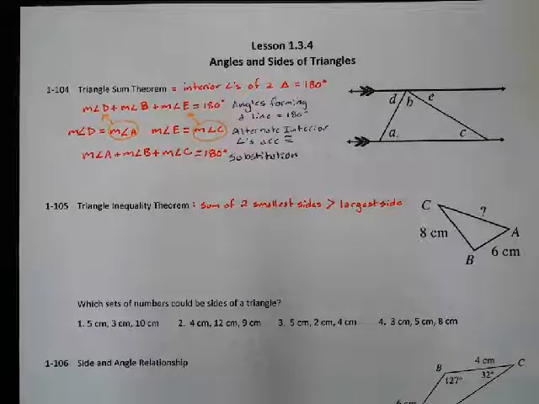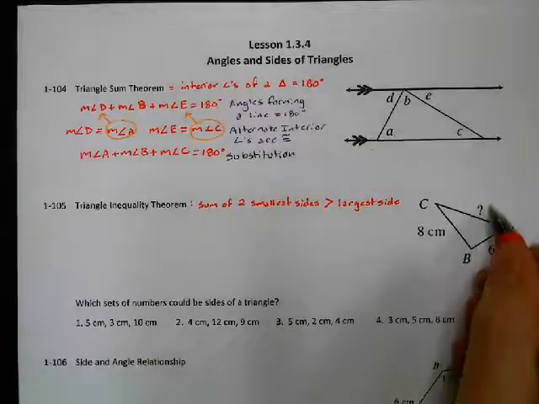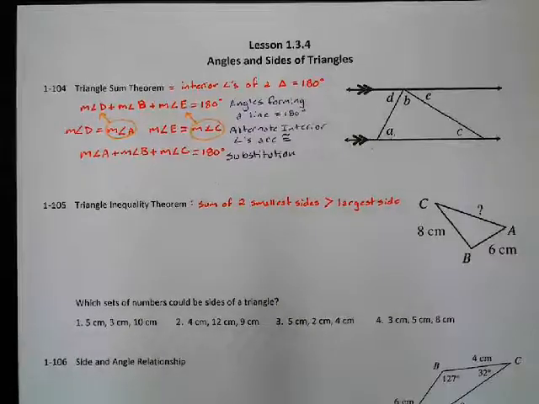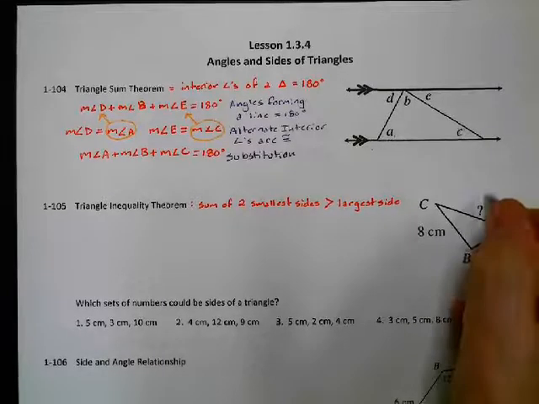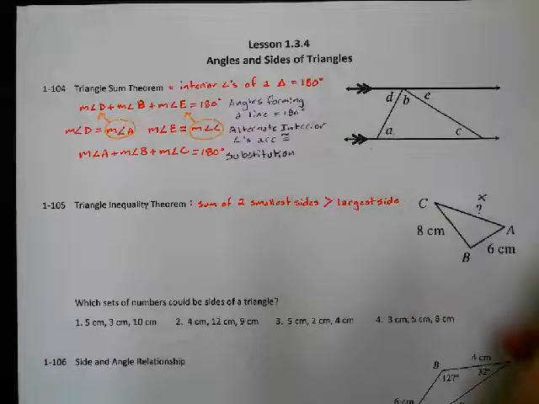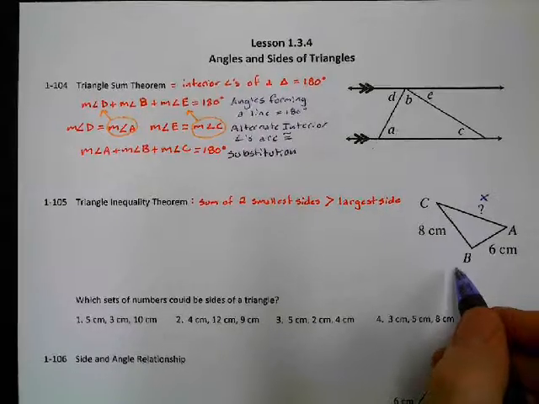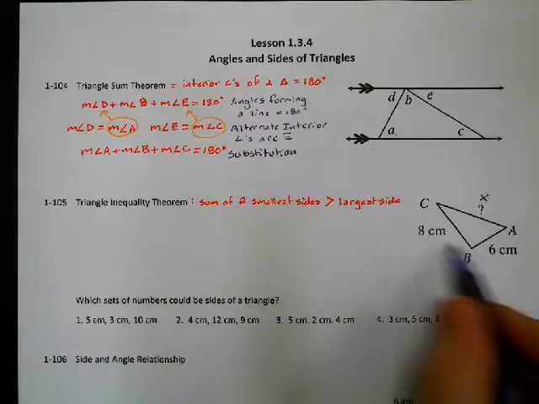So here we've got a problem. I want to know what my third side of this triangle could be. Now let's assume that these two are my smallest sides. We'll call this side X over here. So I know that these two smallest sides have to be bigger than this side over here.